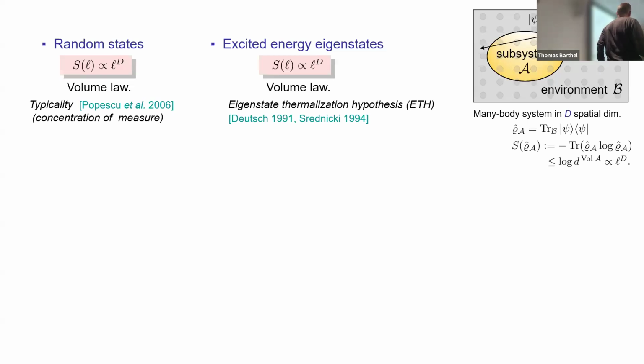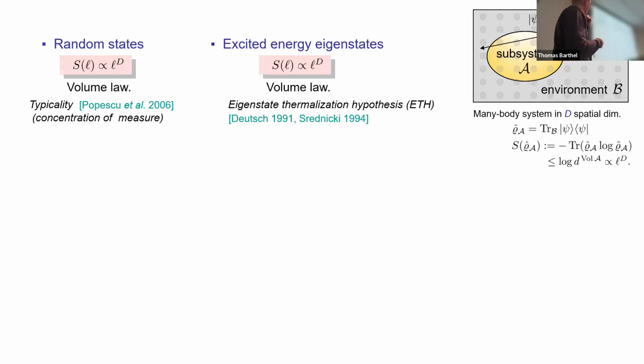We assume there are D spatial dimensions, and we decompose our system into a small subsystem A of linear size L, so volume L to the power of D, and the rest of the system, and we ask about the entanglement of these two subsystems. Now it turns out if you pick random states from the Hilbert space, then you will get the maximum entanglement, which follows the volume law. So entropy is extensive in this case, as in statistical mechanics.